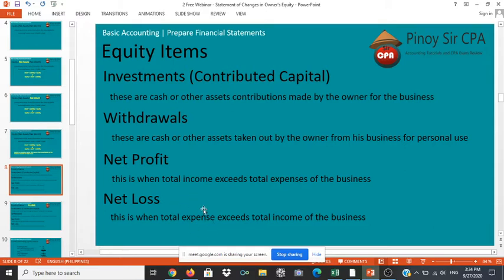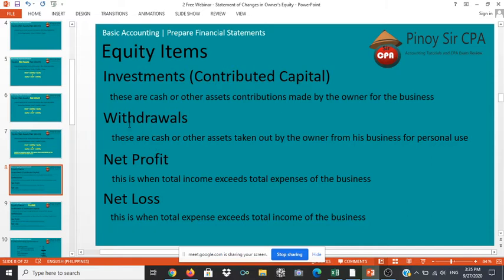So again, equity items, we have investment, withdrawals, net profit, or net loss. So para madaling tandaan, let's have an abbreviation or mnemonic for this. Tawagin nating PROWIL. P-R-O stands for profit or net profit.